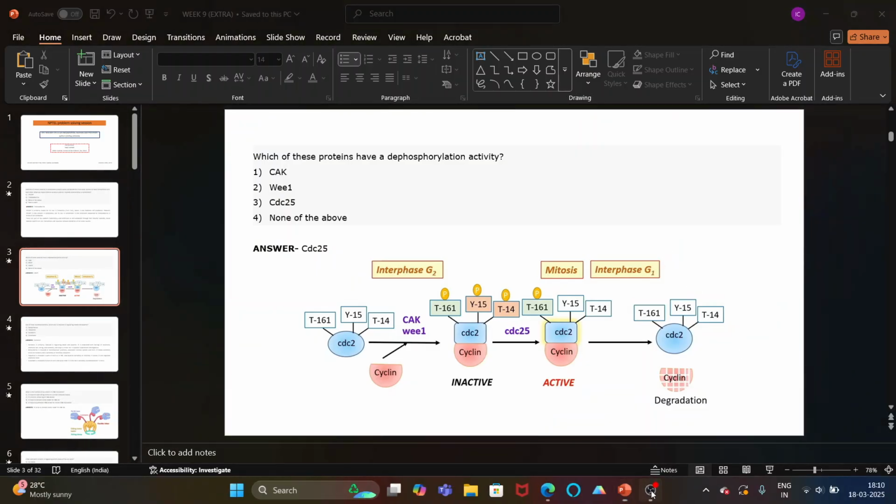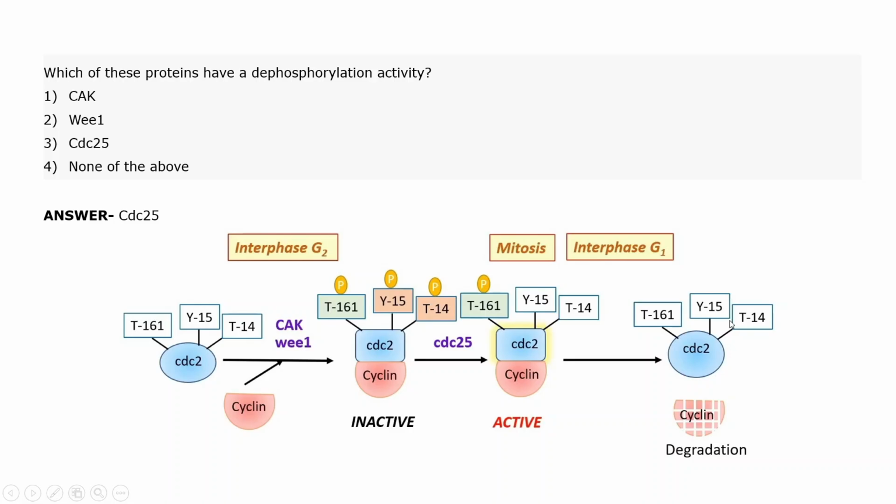If anyone has any doubt, you can unmute yourself and then ask. Okay, so I think I am clear. So just go through each section, right? I think it's an important section. So I will just move on to the next question.